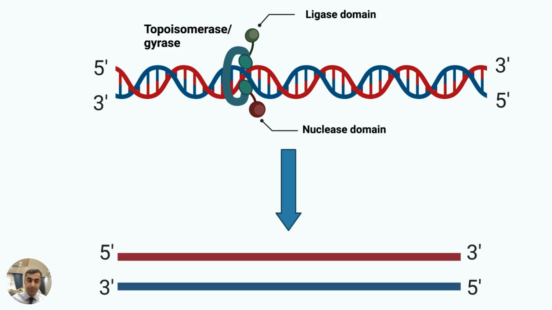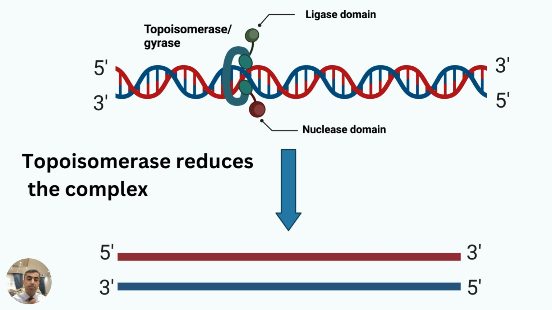Let's see. The first enzyme, which is most important in this process, is called topoisomerase. In human cells, it's called DNA topoisomerase 2, whereas in bacteria, it's called topoisomerase or also gyrase enzyme. This enzyme has three types: type 1, type 2, type 3.